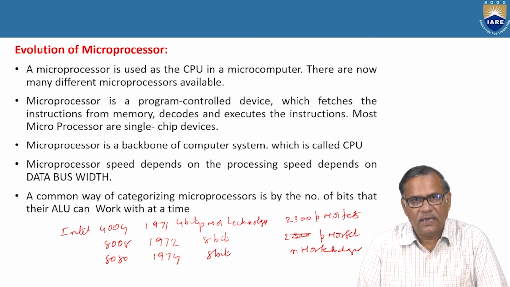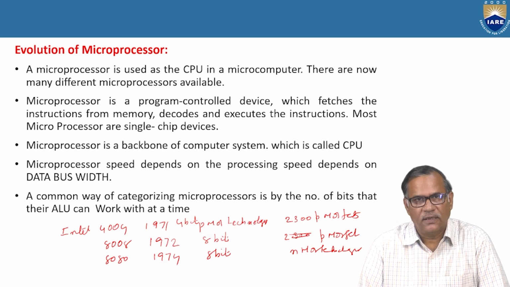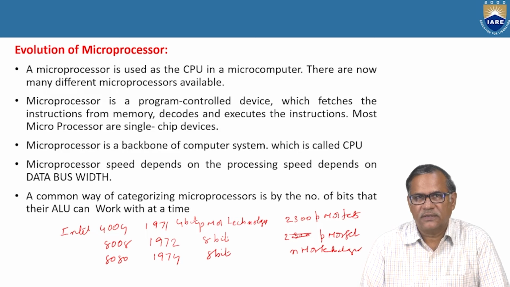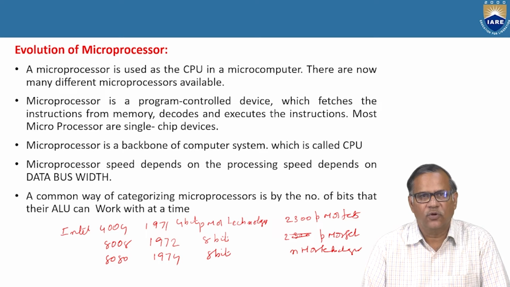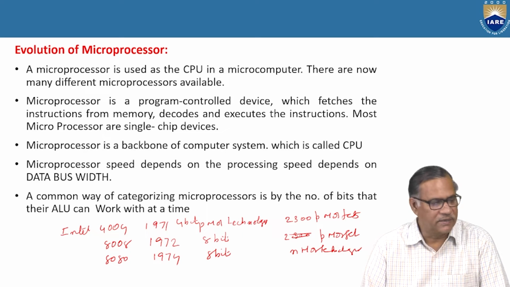NMOS technology has its own advantage that operating speeds are high, because the majority charge carriers in N MOSFETs are electrons, and as you know, the mobility of electrons is more, so you get high operating speeds.